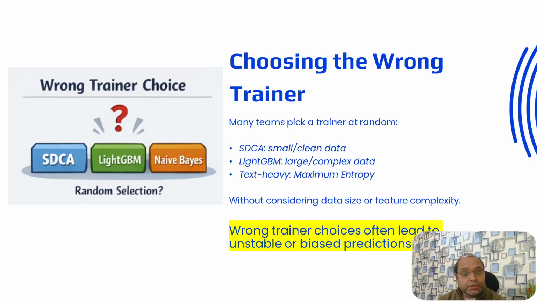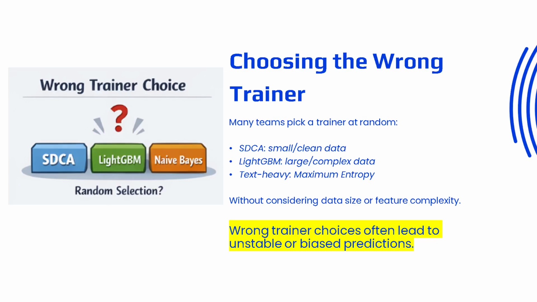Next is choosing the wrong trainer. Definitely every topic is important, but this is also important. If you are using ML.NET, then you have several trainers in classification.